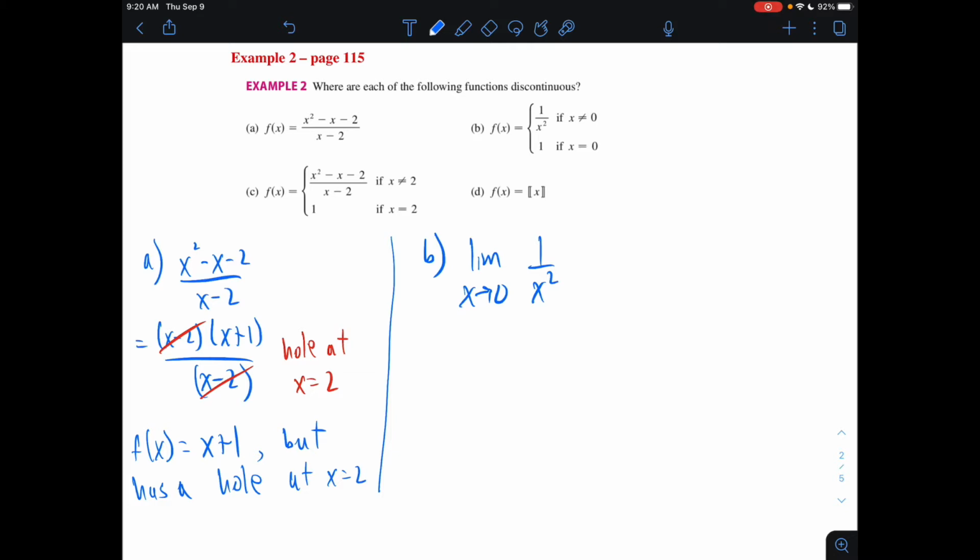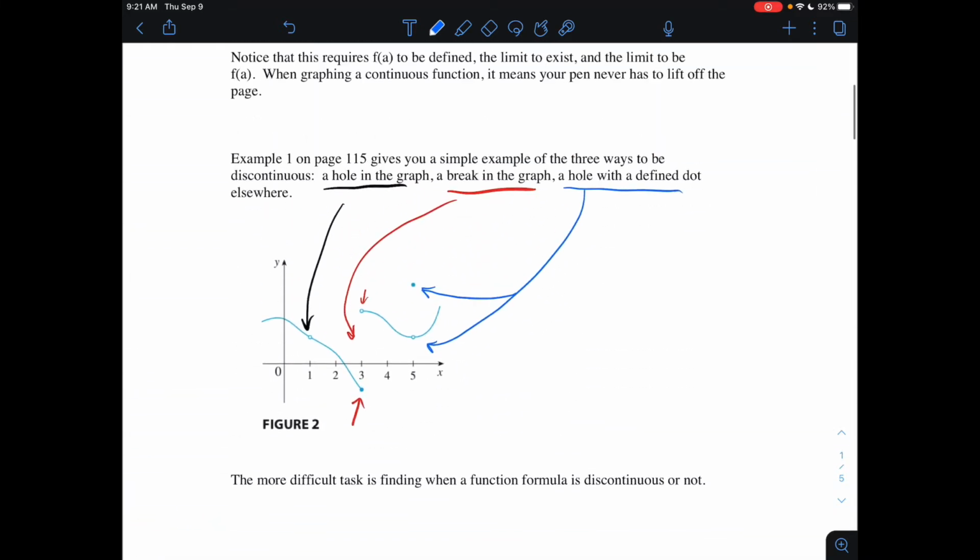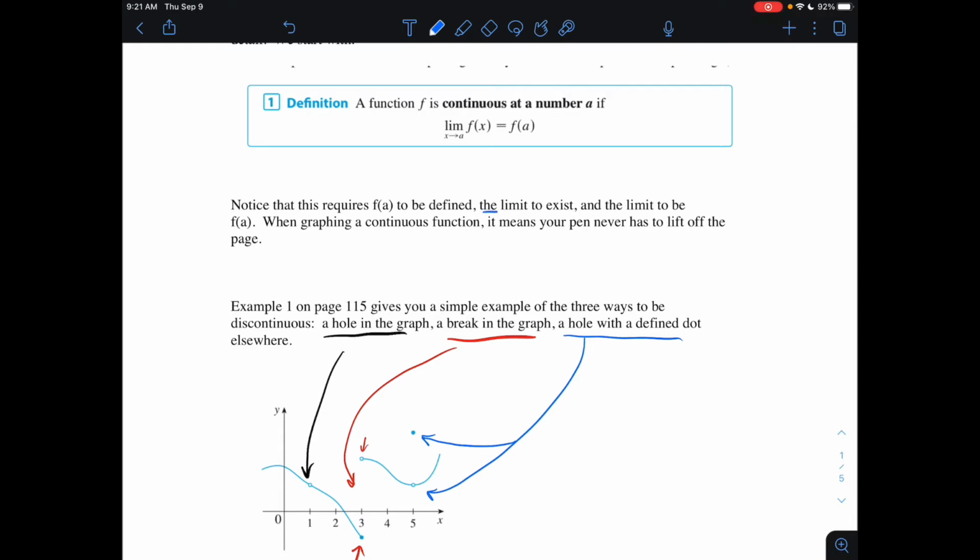This is something that we saw again in a previous section. This is the idea of a limit at infinity. So our function is going to be approaching infinity as x approaches 0. This means the limit does not exist. And what we needed from our definition of continuity is we need the limit to exist.